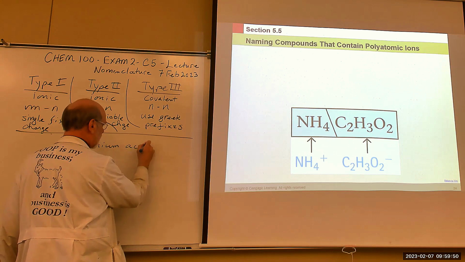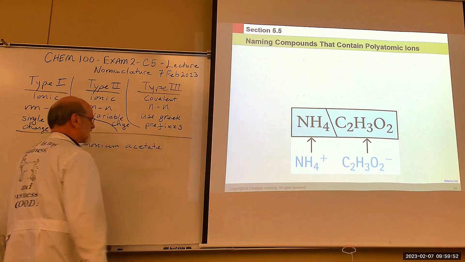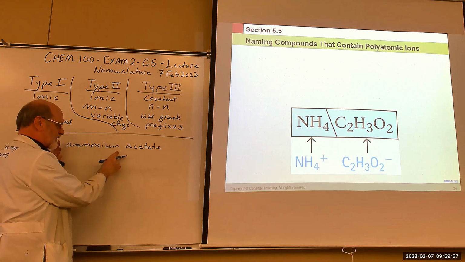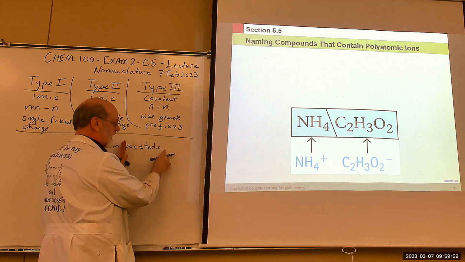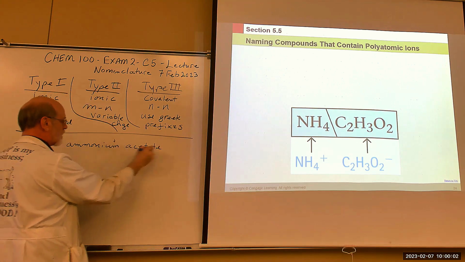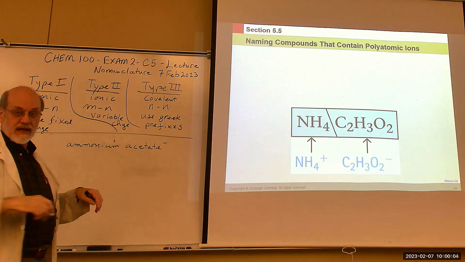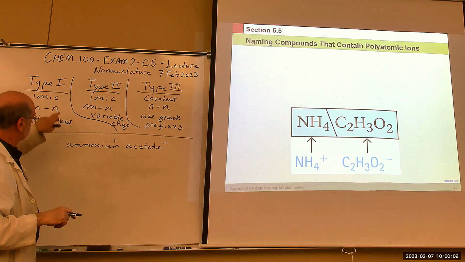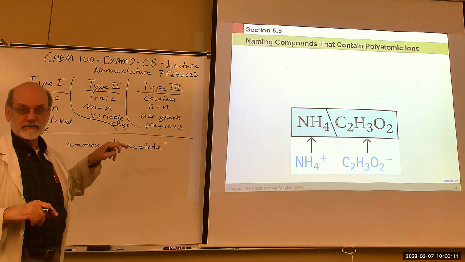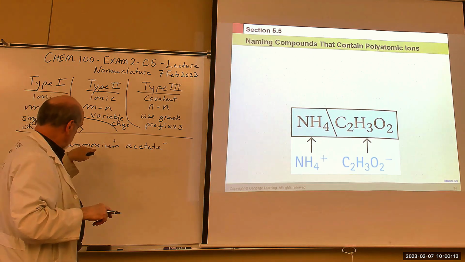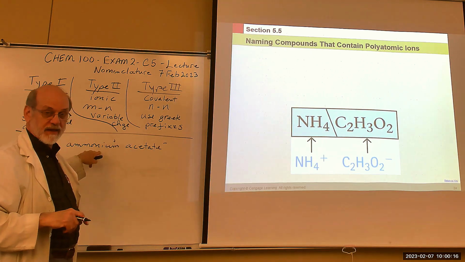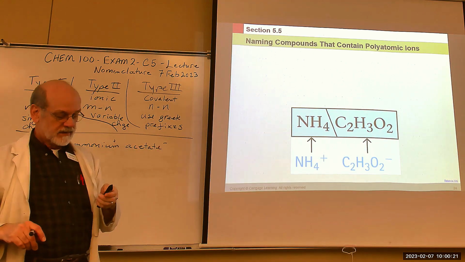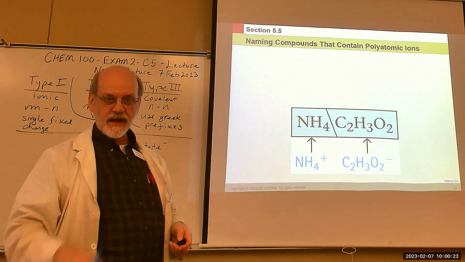Ammonium acetate. In this case, the charges are fixed: a +1 charge and a -1 charge. Since the charges are fixed, we treat it like a type 1 compound and just say the names of the polyatomic ions, ammonium acetate. That is unambiguous and non-redundant.